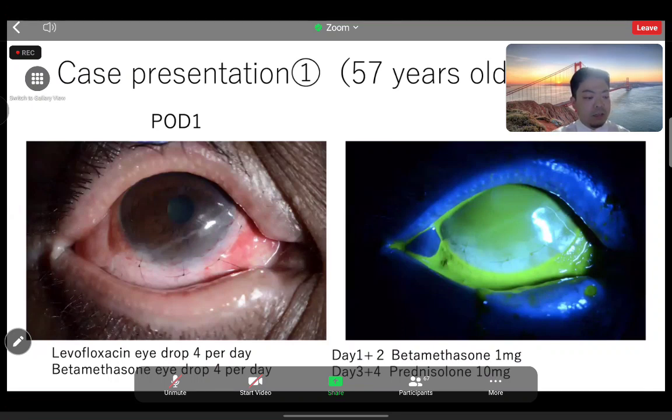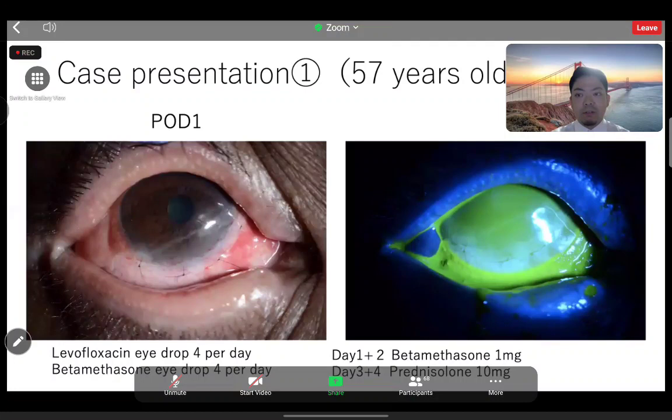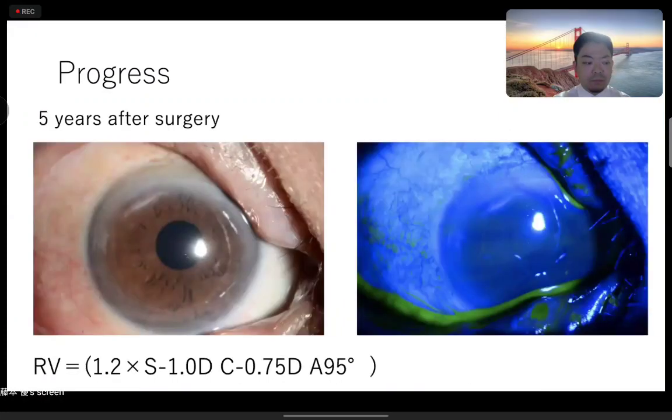Until the second day after the operation, he took 1 milligram betamethasone. On the third and fourth day after the operation, he took 10 milligrams of prednisone. Five years after surgery, images show no recurrences without using 5-FU. So we ended the follow-up.